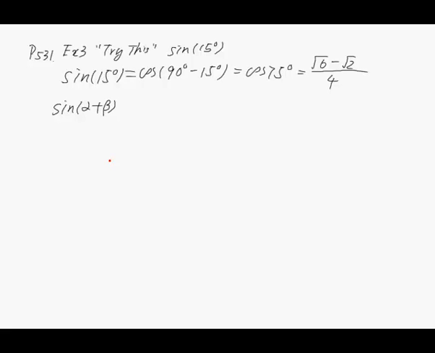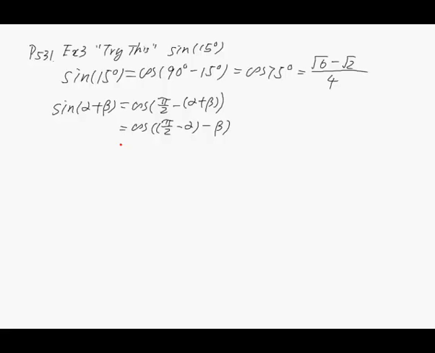Okay. So we know this is equal to cosine of half pi minus alpha plus beta. And then we just rewrite this as the cosine of the difference of two angles, half pi minus alpha, and then minus beta.